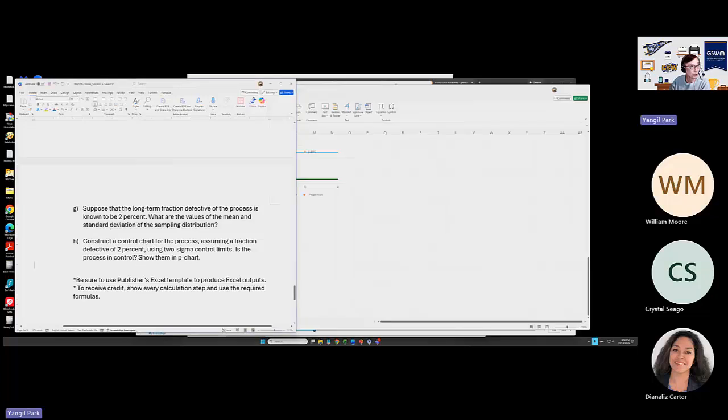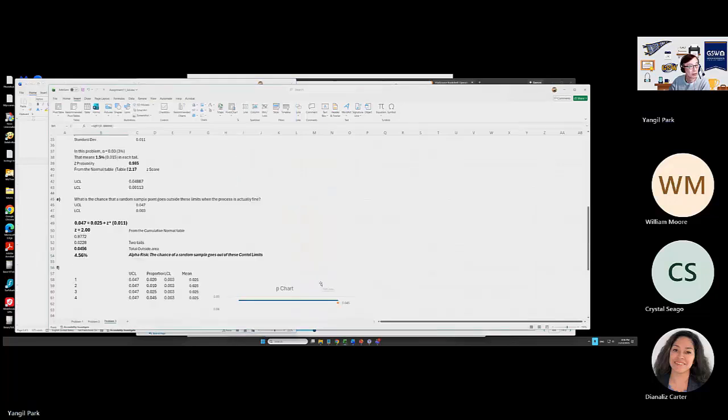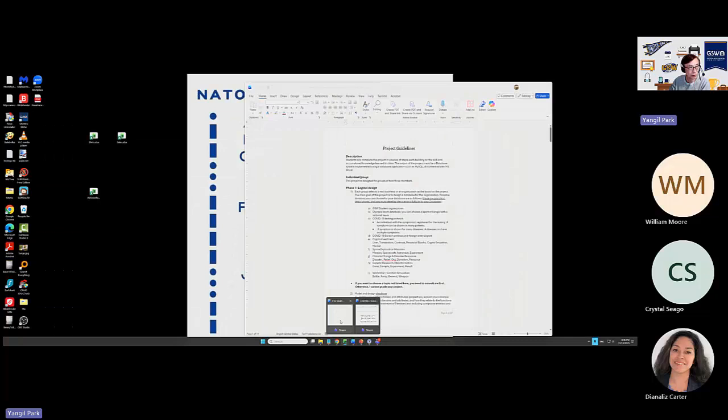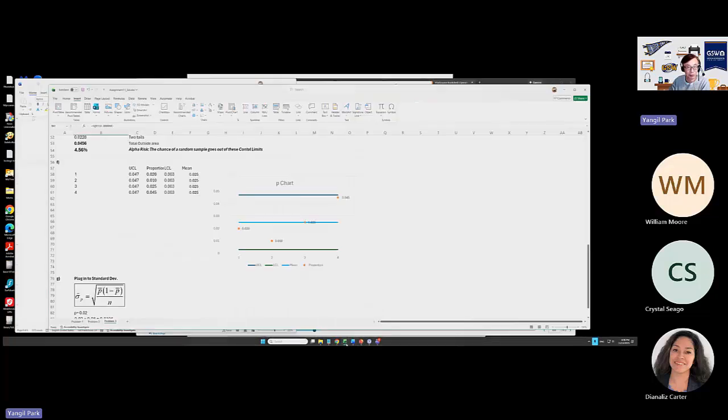Okay, with step G, we're going to plot. For some reason I think I didn't do H somehow.